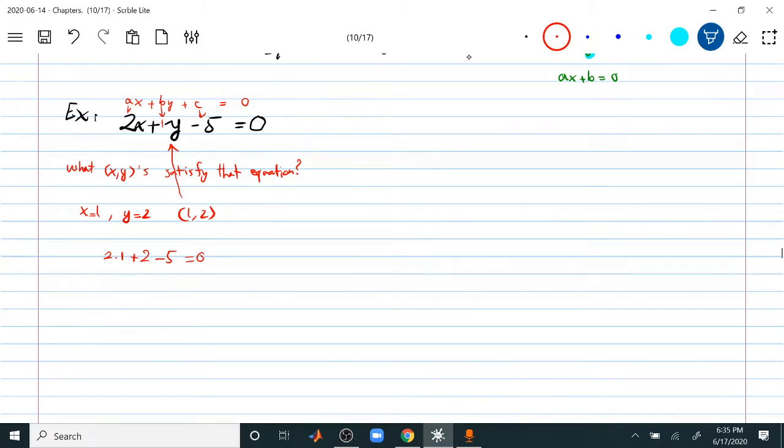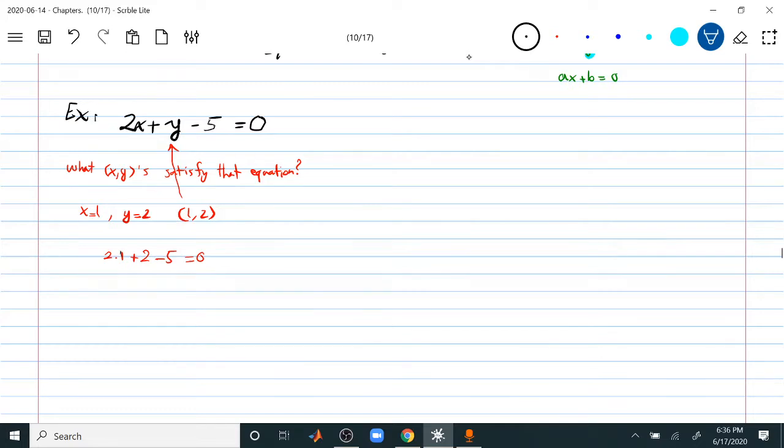So I replaced 1, and let me erase this up here so you do not get confused. I'm replacing 1 and 2 into the equation, the given equation, 2x plus y minus 5 equal to 0. And I want to figure out, is that going to give me a true statement or a false statement? That's what I'm trying to do.